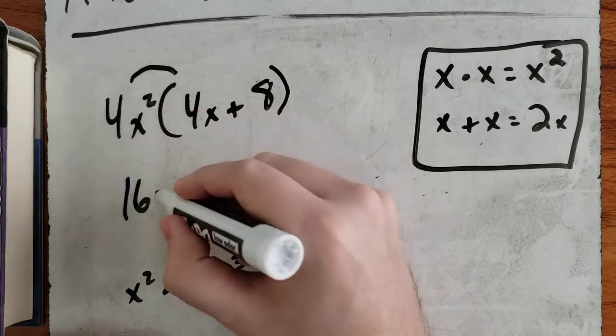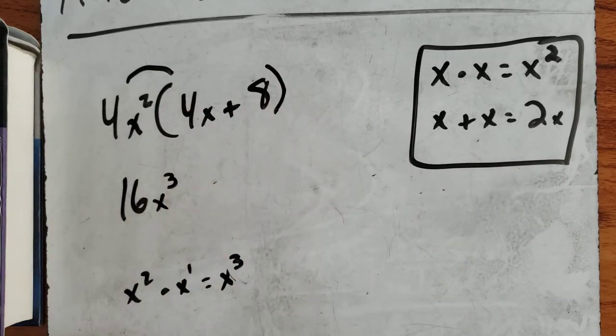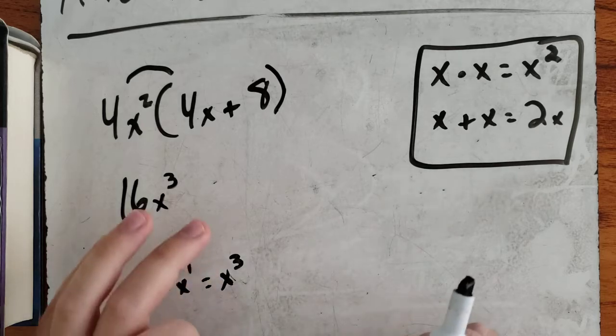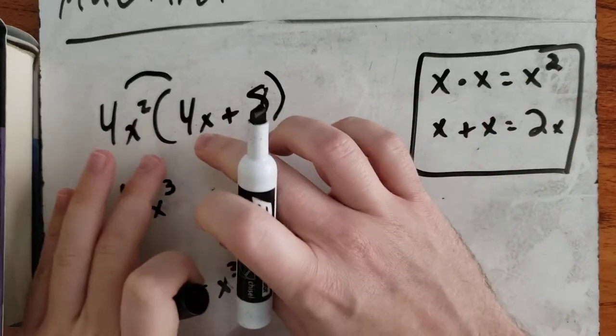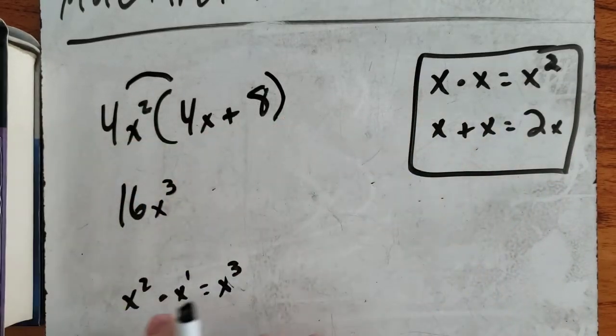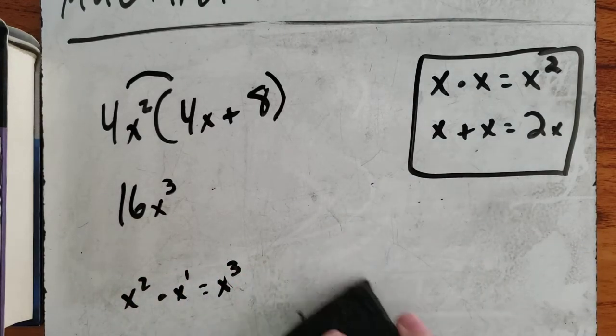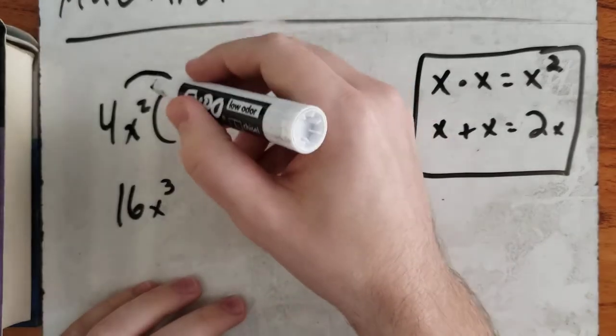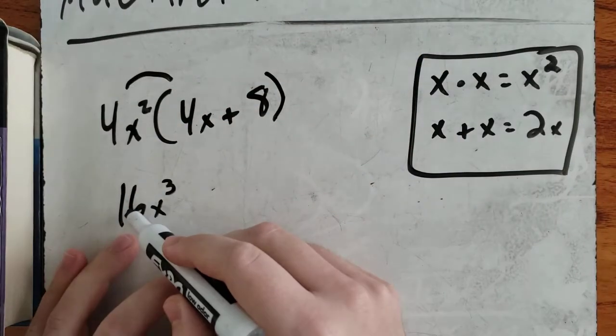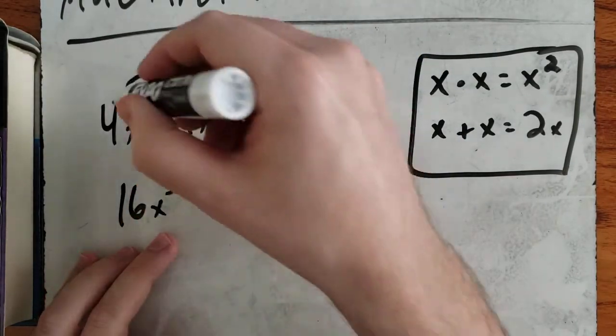So your answer here, x to the third. Remember, multiplying, you're adding the exponents. X squared times x, add 2 plus 1 would be 3, okay? So 4 times 4, 16, x squared times x, x to the third.